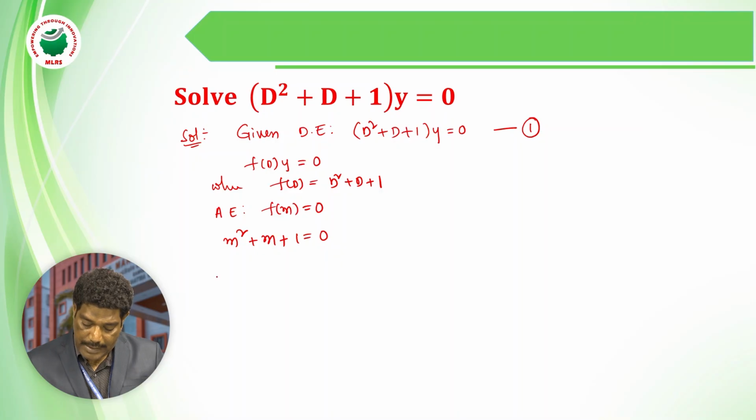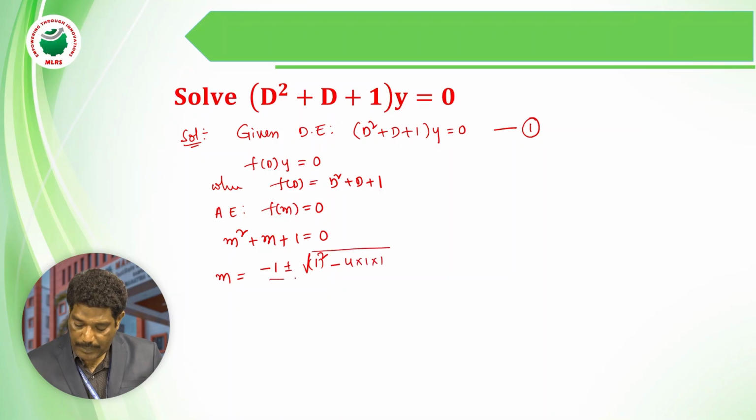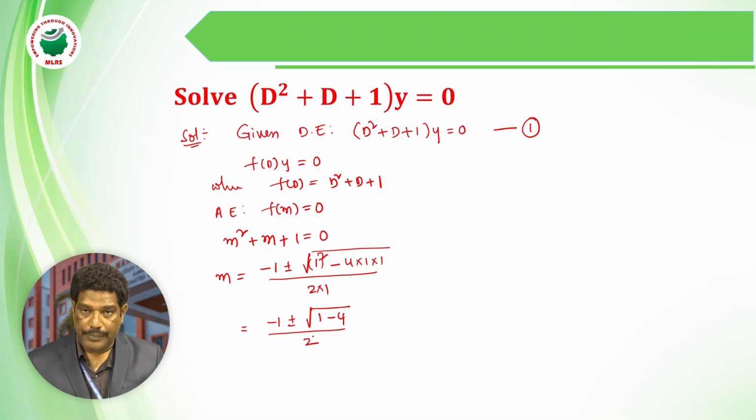Here I can use the formula again. m equals to minus 1 plus or minus square root of 1 square minus 4 into 1 into 1, by 2 into 1. This equals minus 1 plus or minus square root of 1 minus 4, by 2.